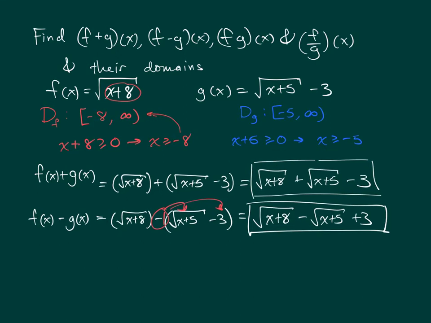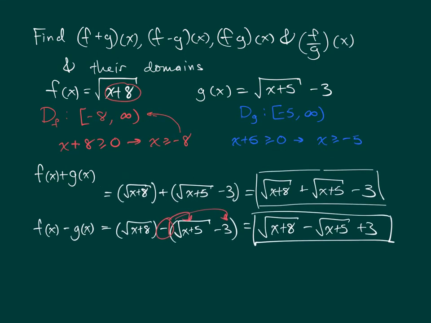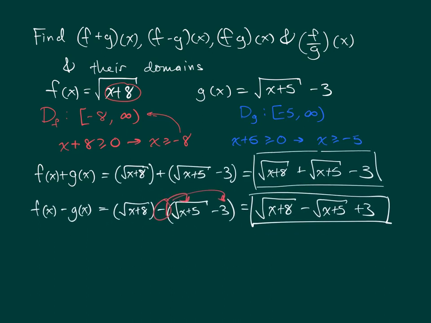I want to talk about the domains of these two new functions. So when we started, we had this function over here, f of x, and this function over here, g of x. And we found the domain for each of these individually. The question is, which domain will we use for these two functions?